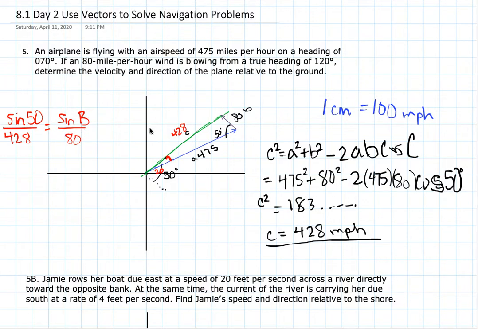Okay, I put that in my calculator, and I got sine of B is about 0.143, blah, blah, blah. So when I use inverse sine to find the angle, I got about 8.2 degrees.